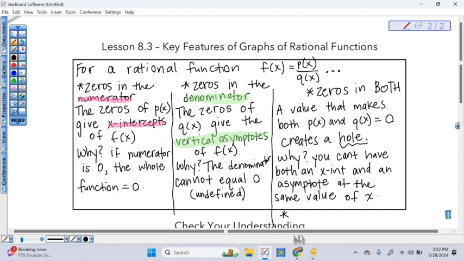When I have that same factor in the numerator and the denominator, the factor will divide out, cancels out.